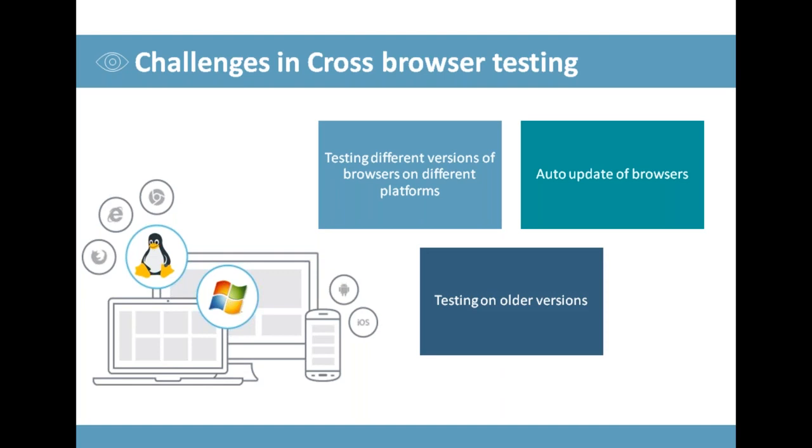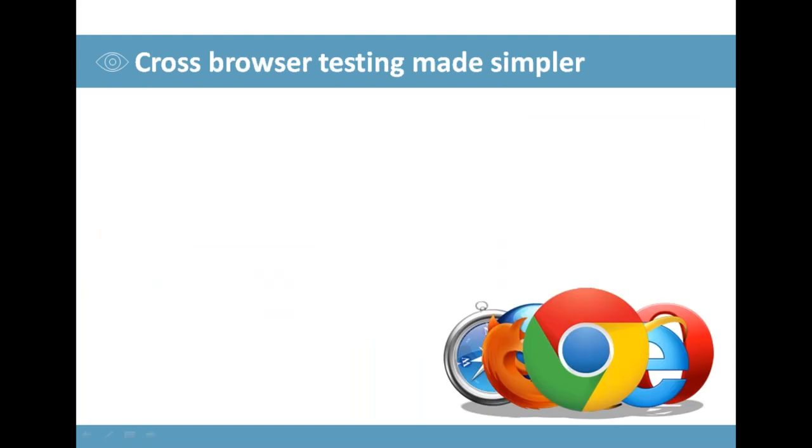And of course, testing on the older versions, because once you upgrade to the new version, you hardly get to see the old version browsers. So again, removing and installing is a painful task there, right? So these are some of the challenges which we are actually facing when we are thinking about cross browser testing. So we have actually made it pretty simple for our users.